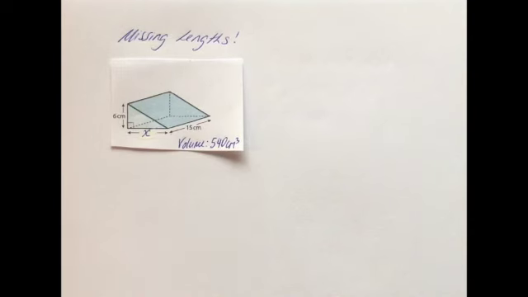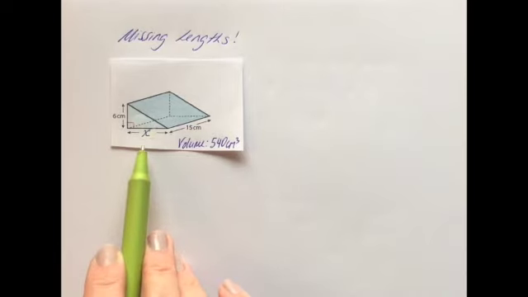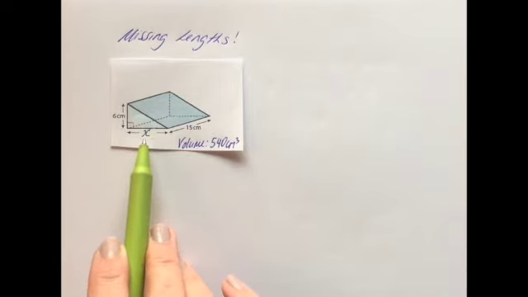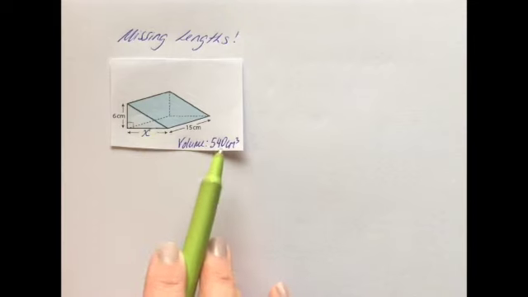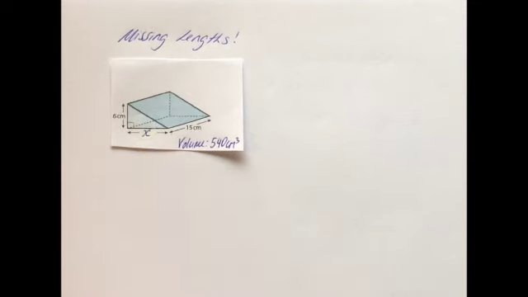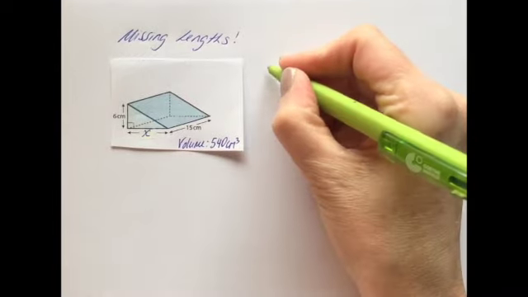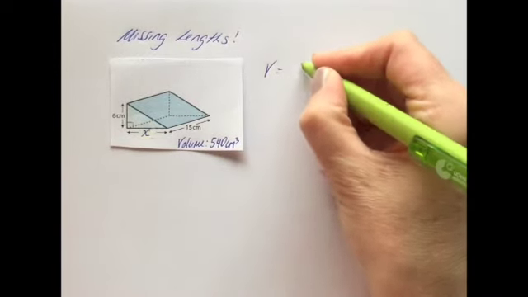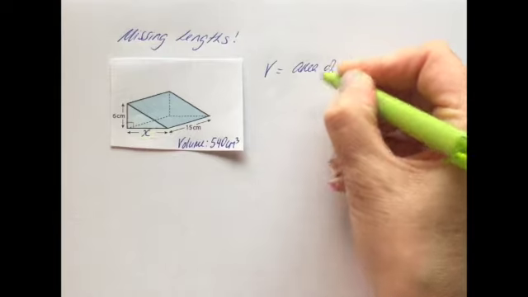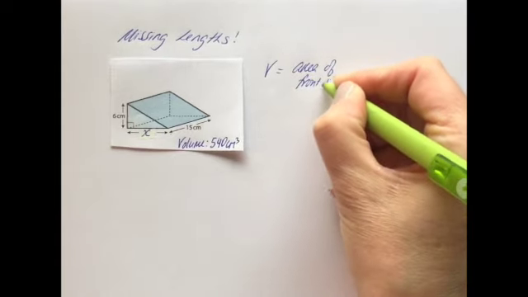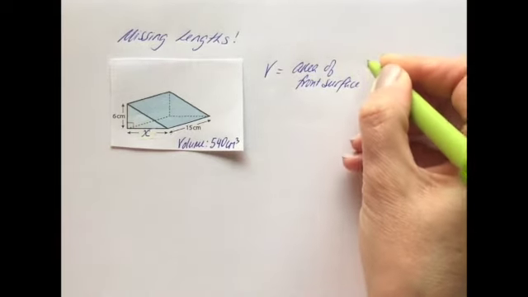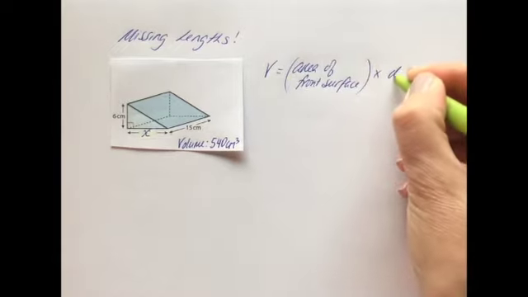So let's look at a question where we have a triangular prism, but we are missing a length. We're being asked to find this length here called x, but we're given the volume, which is 540 centimeters cubed. So the volume of the prism, of course, is the area of the front surface, if you want to remember it like this, times the depth.